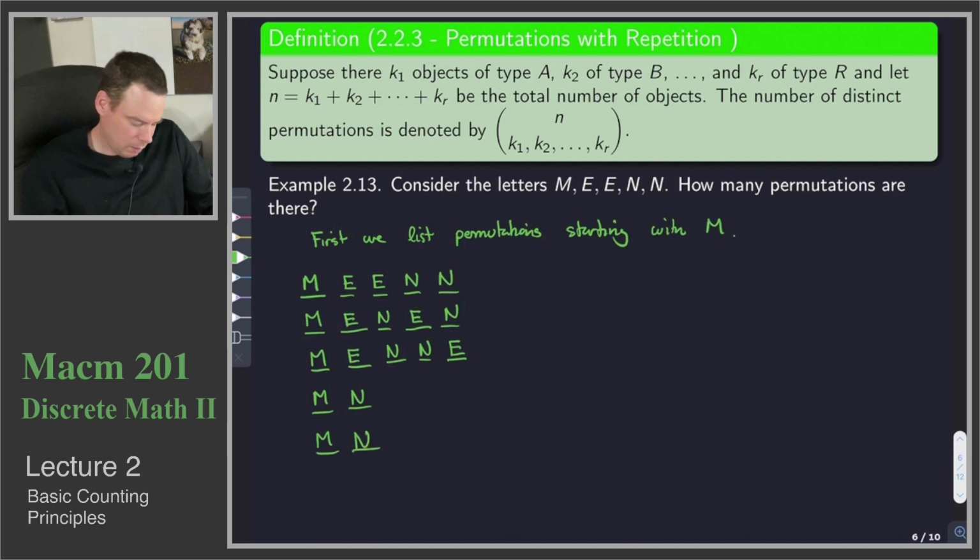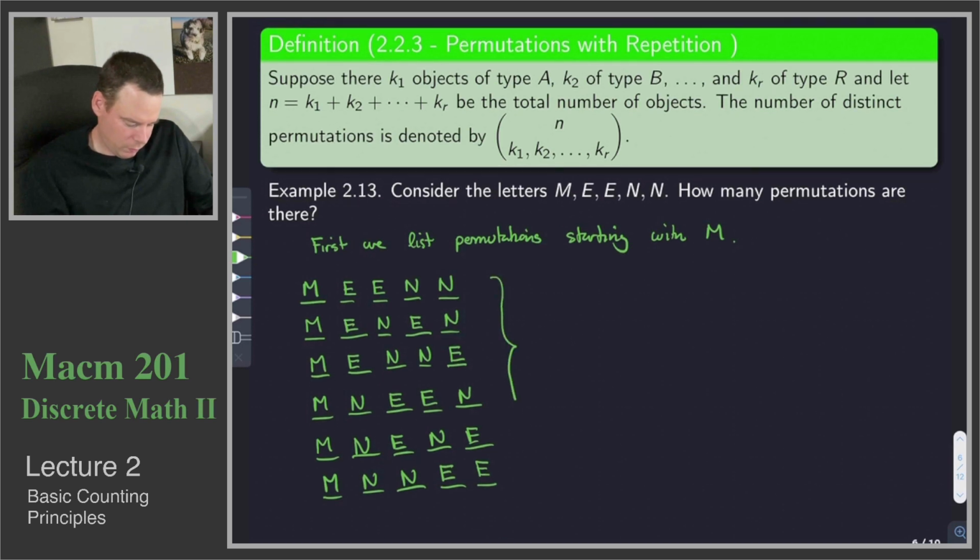So there's an MN, and if we were looking at them appearing in the dictionary, then we'd have a couple of E's followed by an N, or we'd have an E and an N and an E, or we'd have an M, N, N, E, E. And so there we go. So what we found is that there are 6 permutations that start with M.